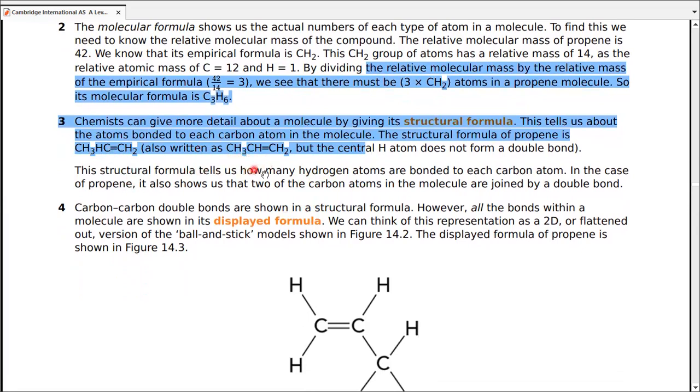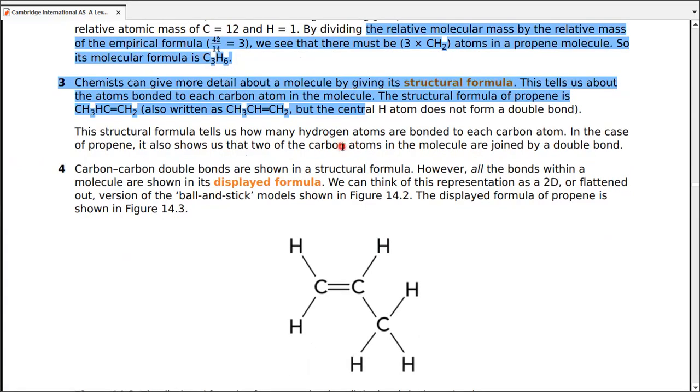Now, this really can be correct, but since the central H atom does not form a double bond, it's better to write it this way, the one written first. So you can write it like this. You may also write it like this, but that's fine. They're telling you what is the exact way of writing it. However, giving yourself a better habit is a good idea.